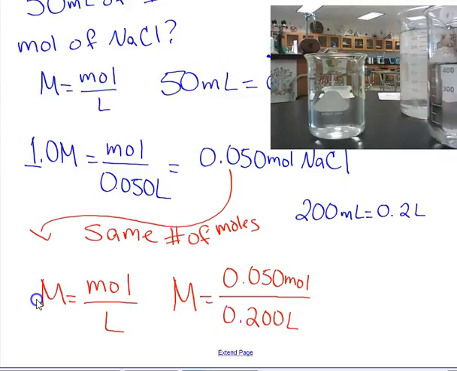Notice I needed to convert my milliliters again. So 0.05 divided by 0.2 tells me I have a 0.25 molar solution.